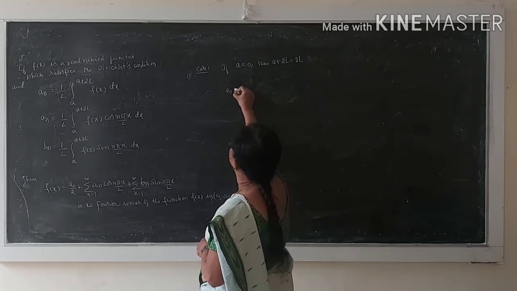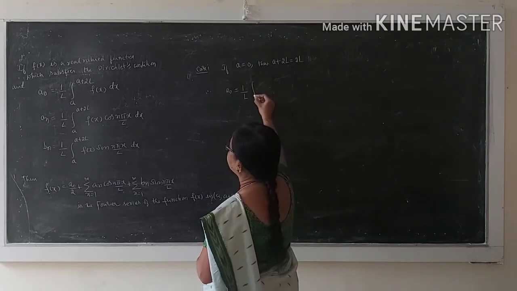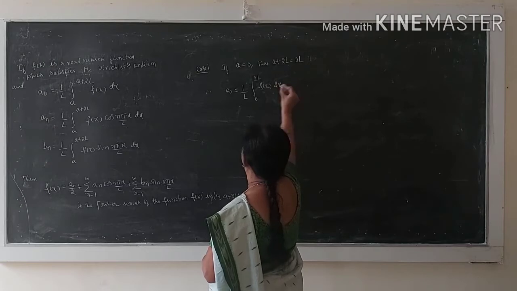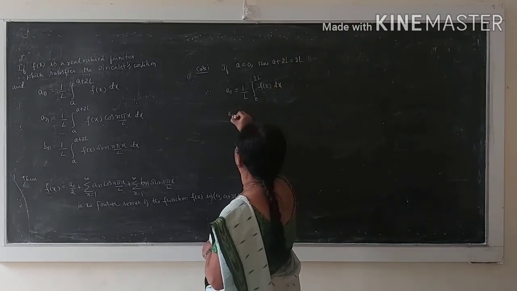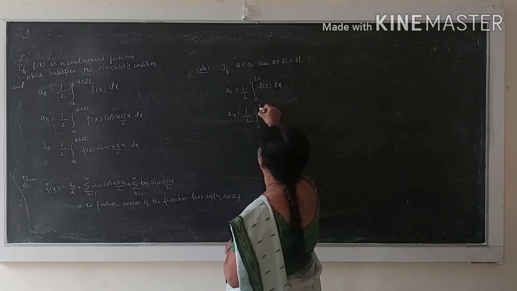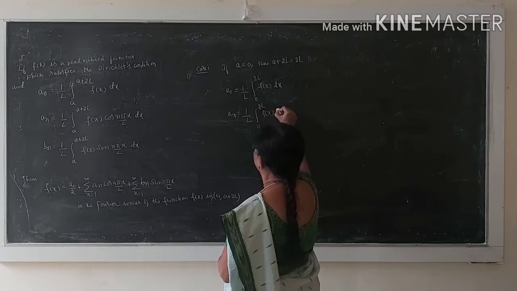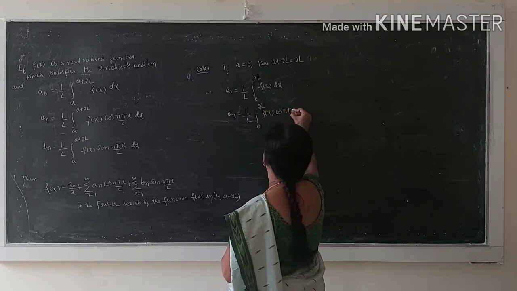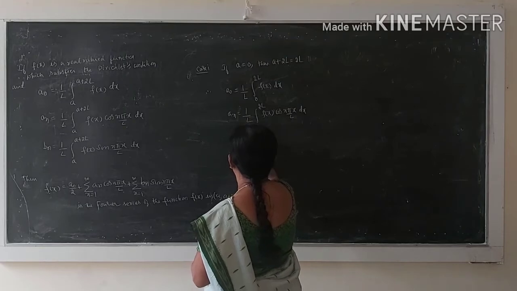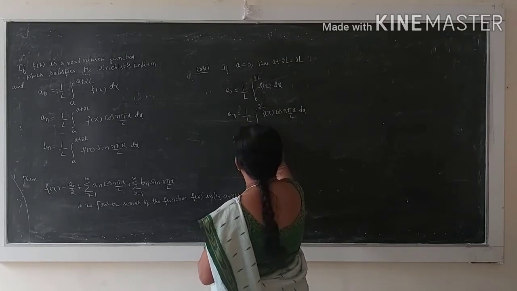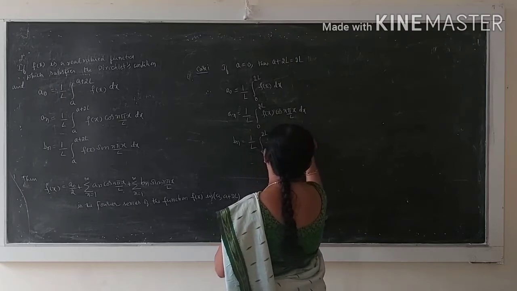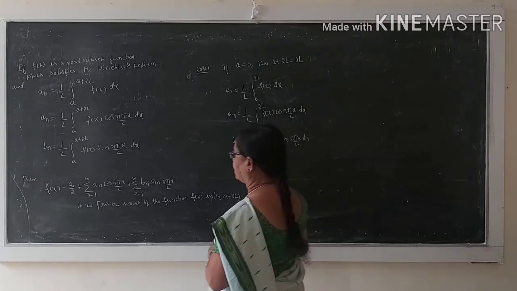Therefore, a0 is equal to 1 by L integral from 0 to 2L of f(x) dx. an is equal to 1 by L integral from 0 to 2L of f(x) cos(nπx/L) dx, and bn is equal to 1 by L integral from 0 to 2L of f(x) sin(nπx/L) dx.